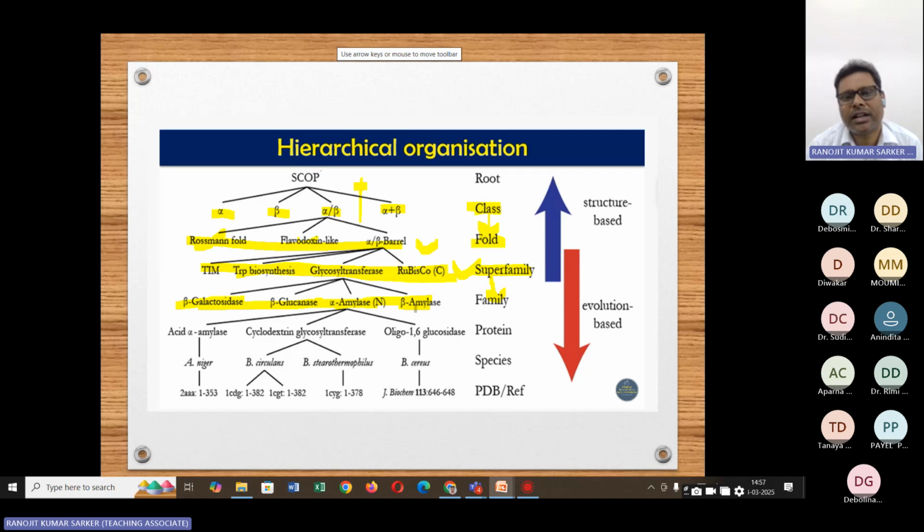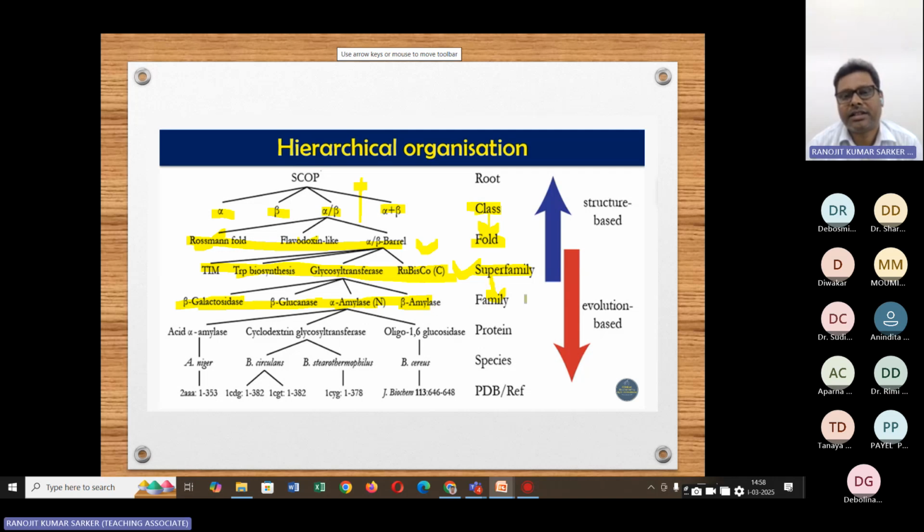That means we know that in beta amylase, there will be alpha and beta secondary structures, and this alpha and beta will be spatially surrounded each other and form a layer of alpha helix and a layer of beta sheets.